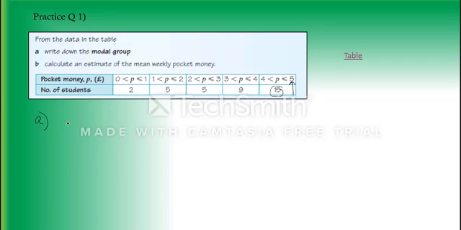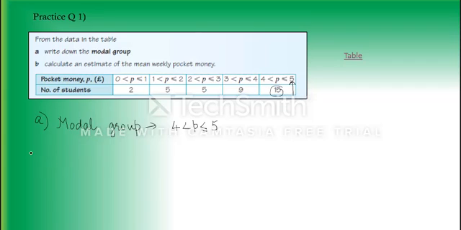In this case, it is not a data value, it is an interval. So the data interval which corresponds to the maximum frequency becomes the modal group. So the modal group is 4 to 5, which means the maximum number of students get a pocket money between 4 pounds to 5 pounds.